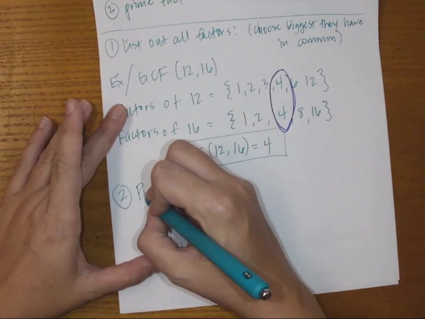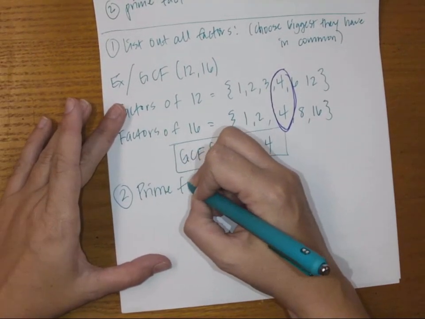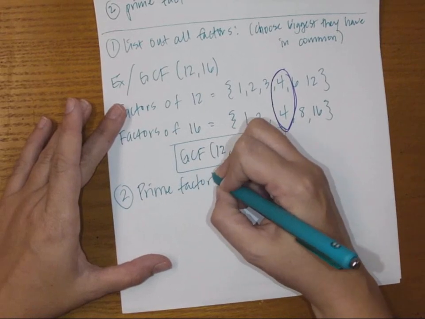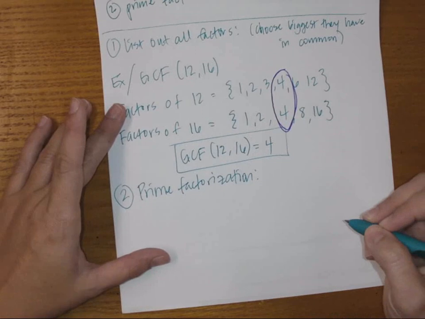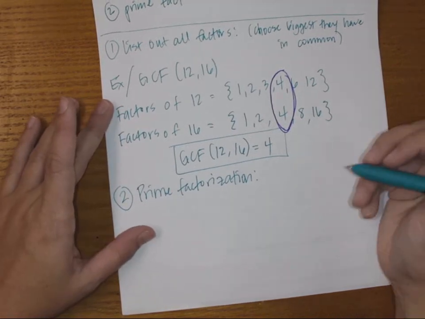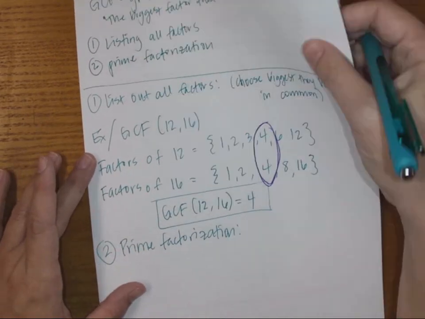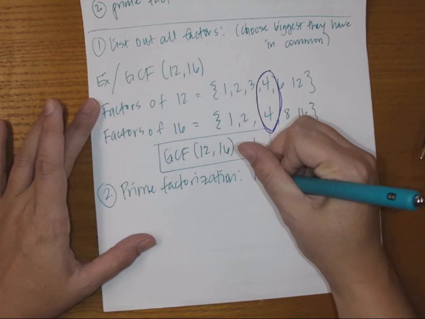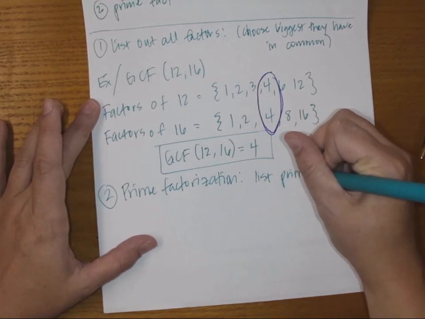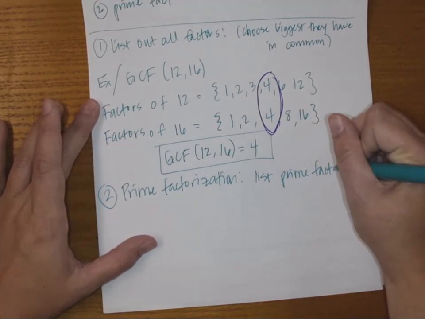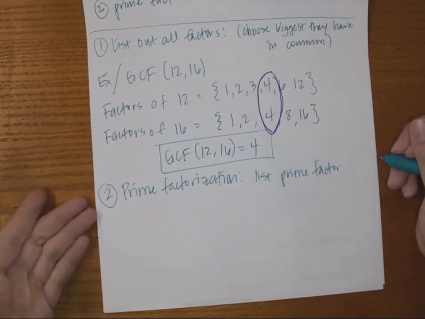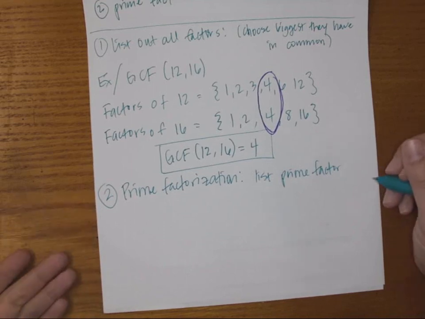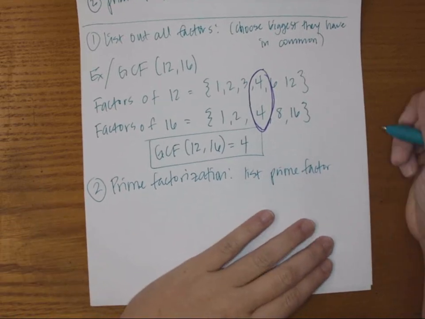Okay, so for the prime factorization method, we are listing all the prime factors. Before, we just listed factors. Here we're listing prime factors. I don't know if you remember what a prime factor is, but it's like when you break a number down to the smallest prime numbers, all the small numbers that multiply to get it.